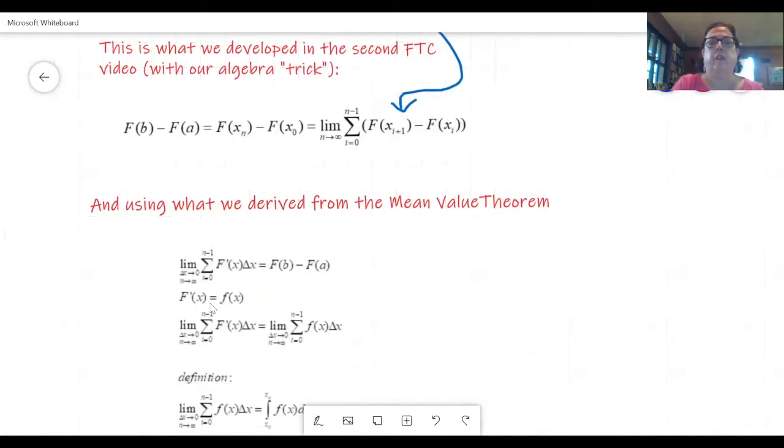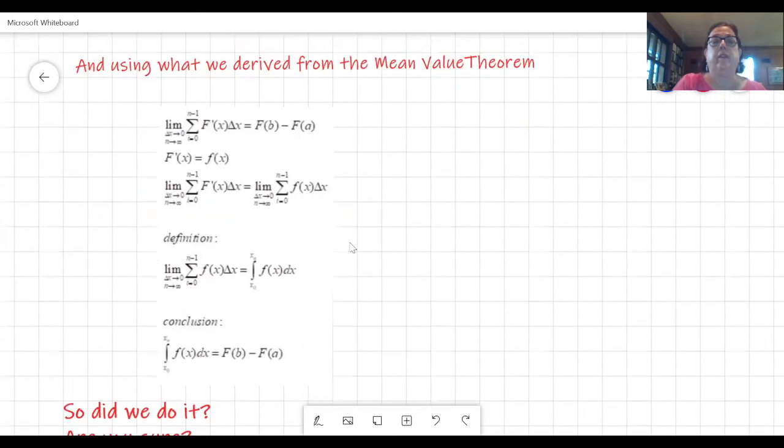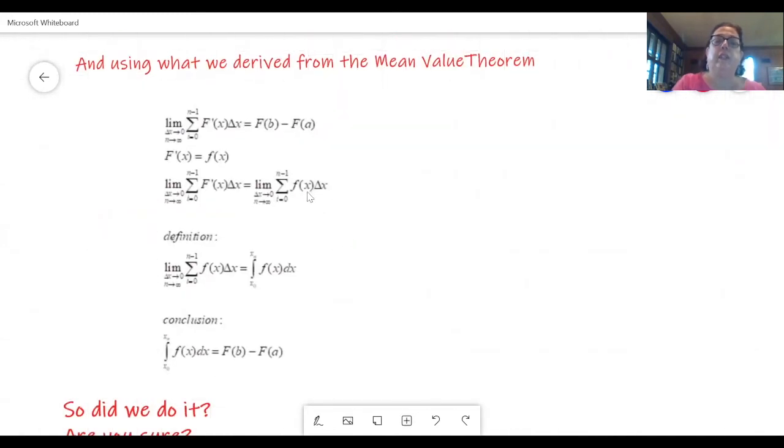You have to make sure you're comfortable with that. You may want to pause the video and go back. These are equal. And then, because our operating assumption is the derivative of capital F is lowercase f, I can do a substitution. But then we have to realize we've satisfied the definition of the integral.